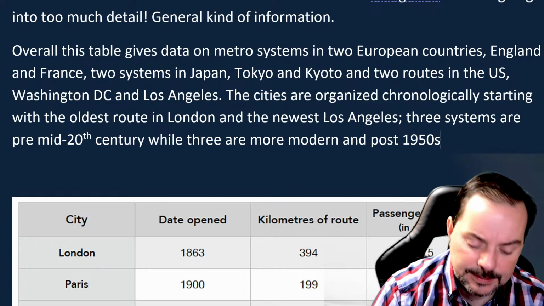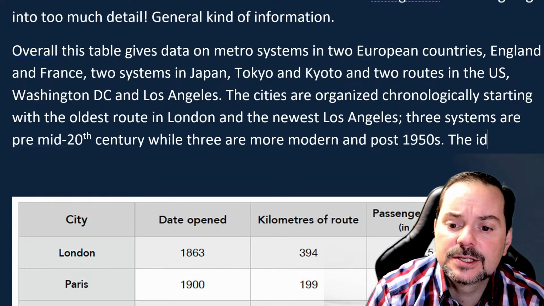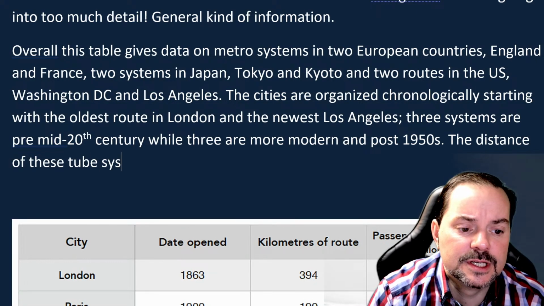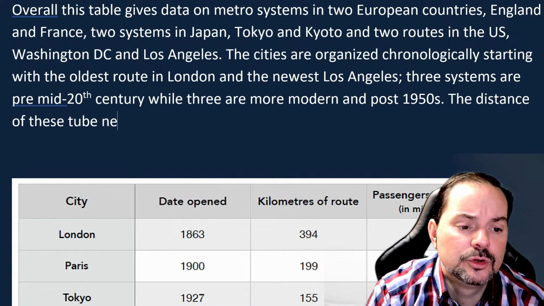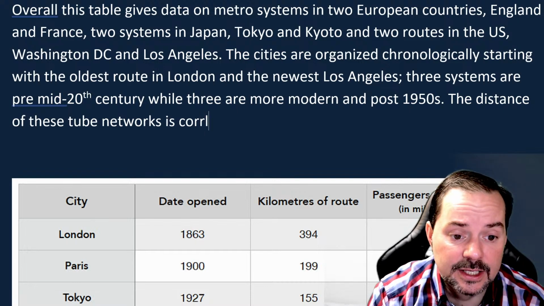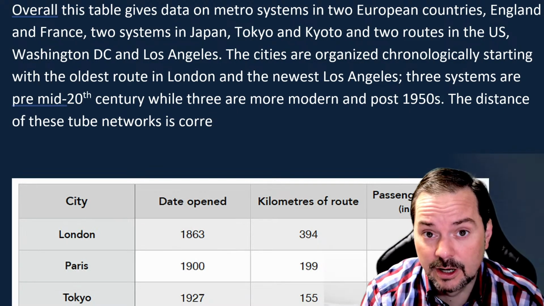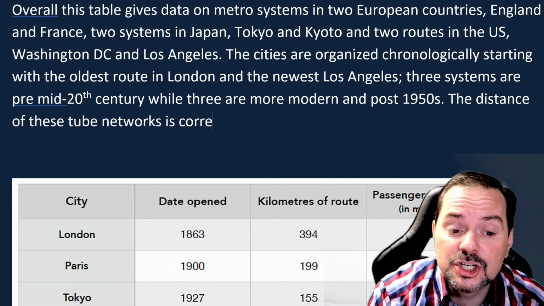So the distance of these tube systems, or of these tube networks, is correlated. This is a nice vocabulary here. This is also mentioned in your premium course, using the vocabulary for correlation.